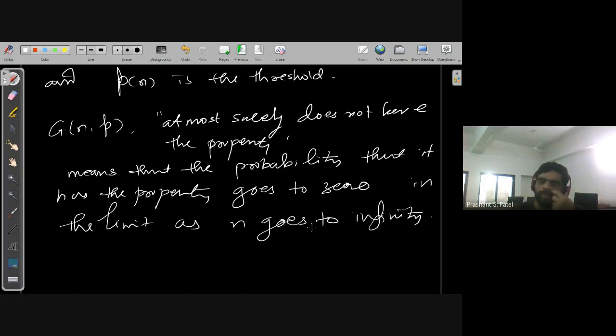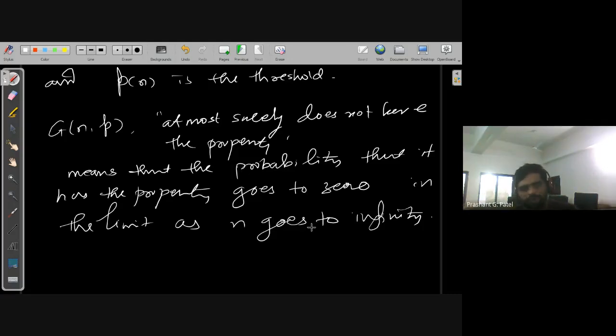For example, connectedness is an increasing property, because when you increase the value, at some stage it will be connected.